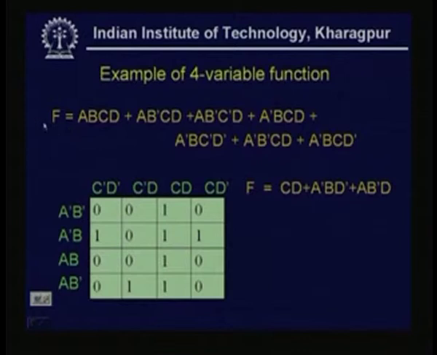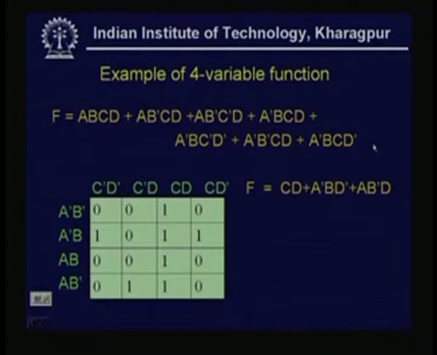The 4 variables are a, b, c, d, and the function given is f equals a b c d plus a b bar c d, a b bar c bar d, plus a bar b c d, a bar b c bar d bar, a bar b bar c d, and a bar b c d bar.